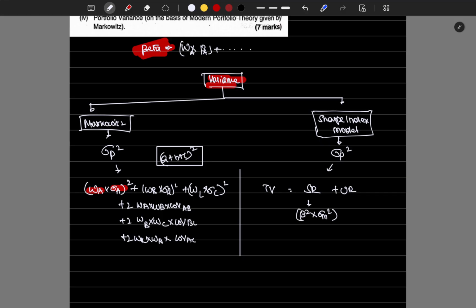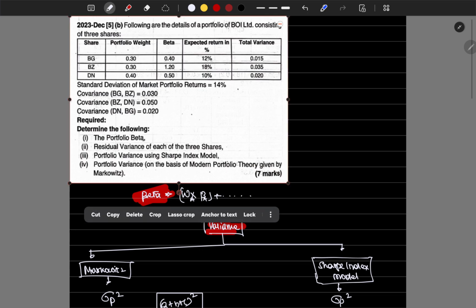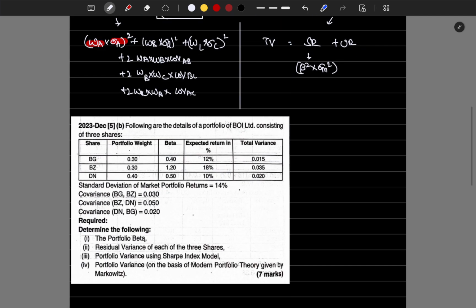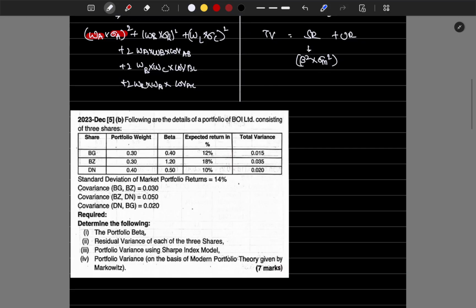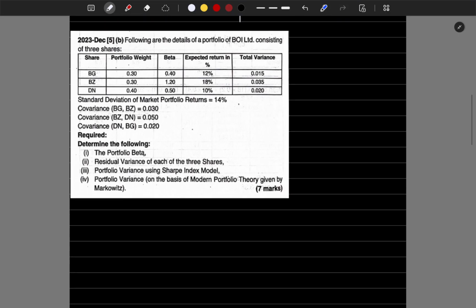Okay, let's quickly solve this problem. They have given the portfolio weight and beta. We can calculate the portfolio beta by multiplying these.